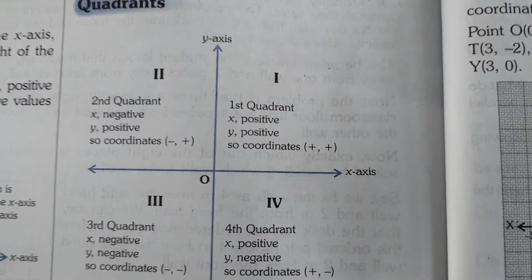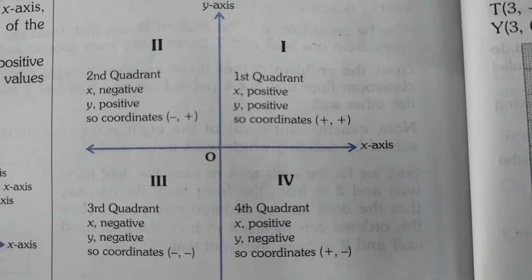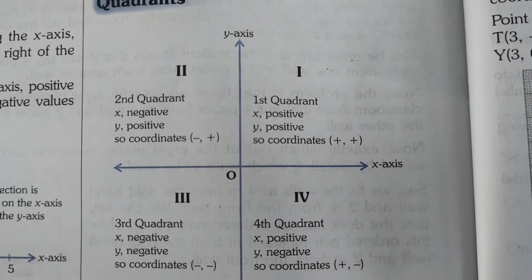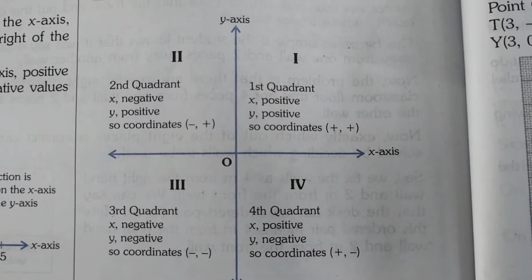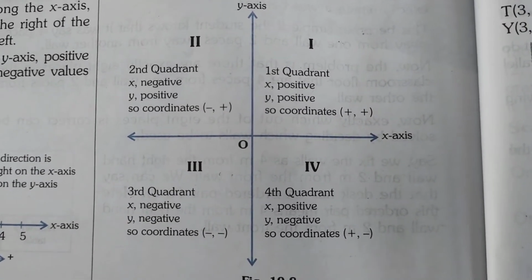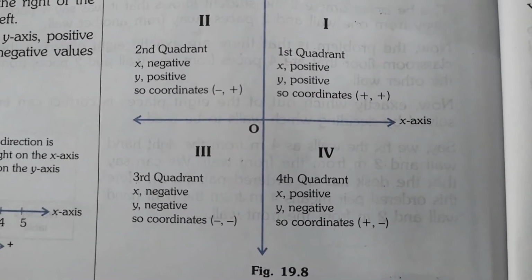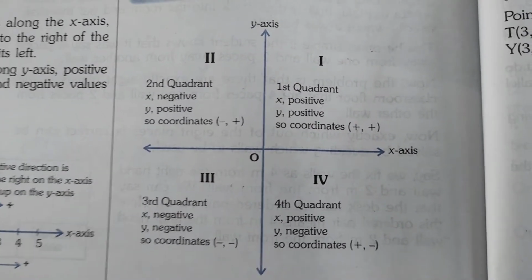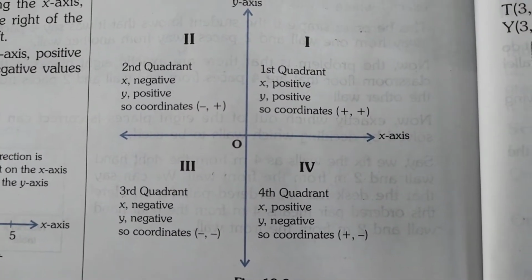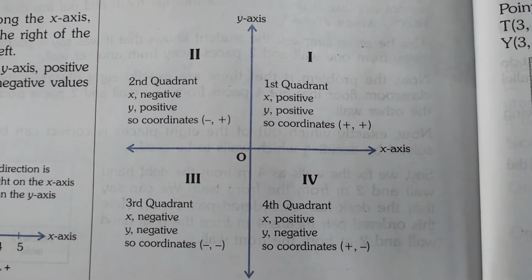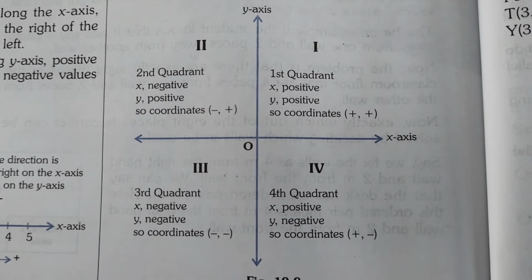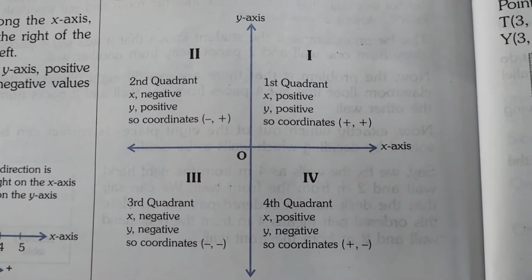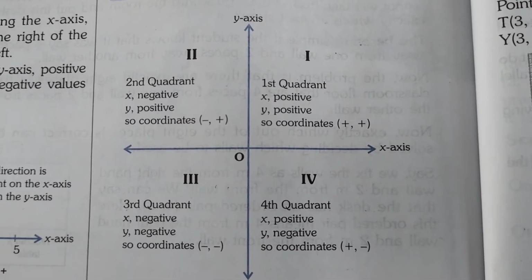So here, quadrants. The Cartesian plane is divided into 4 quadrants by the x and y axes. The horizontal line is called the x-axis and the vertical line is called the y-axis. Where the two axes meet is the origin point, denoted by O. You see here clearly the first quadrant: x-axis right side positive, y-axis above positive. So in the first quadrant both x and y coordinates will be plus.